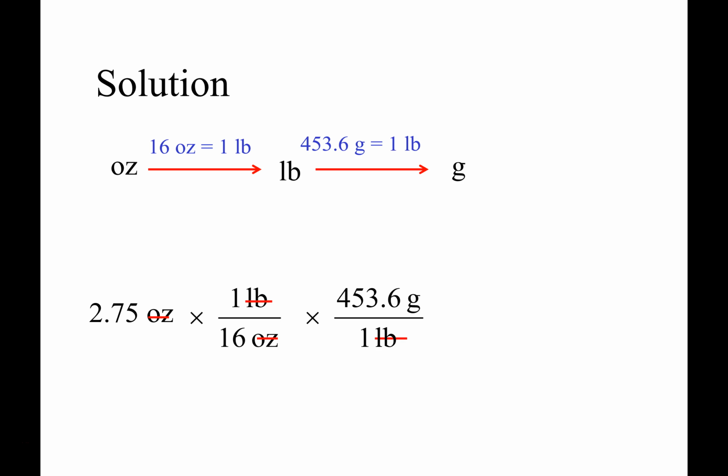Cool. So is there any uncertainty in the 2.75 ounces? Yep, there's definitely uncertainty. How many sig figs? 3. 3 sig figs. No uncertainty brought here. You told me 4 sig figs here. So how many sig figs do we allow in our answer? 3.